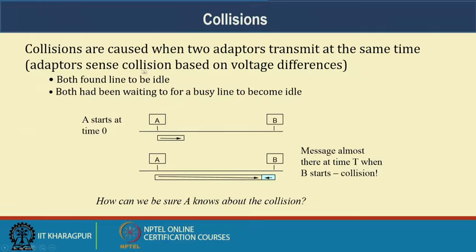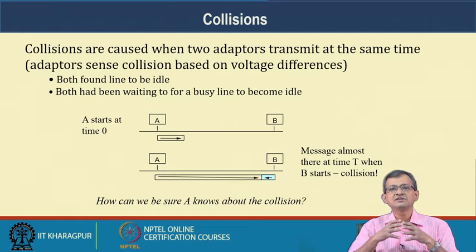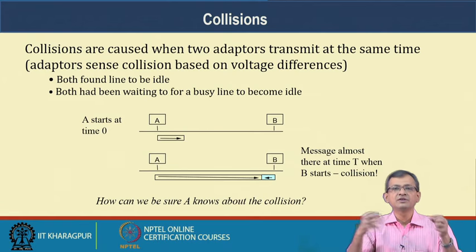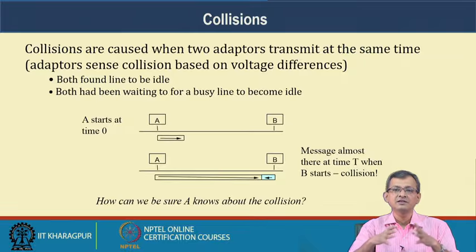Adapters sense collision based on the voltage difference, right. How is the collision caused? Two adapters, without knowing that both are sensing the channel to be free, communicate, and then they collide, and there is a fluctuation in the voltage.